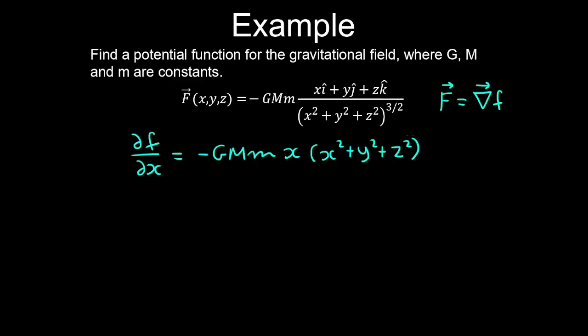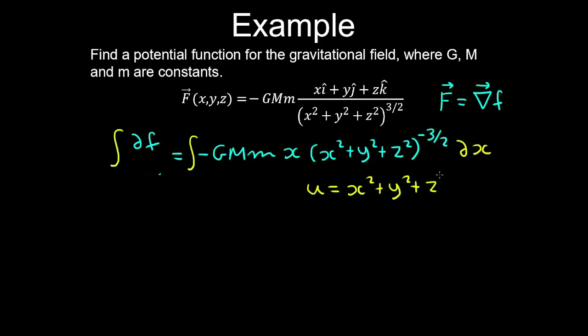So we can write this as the expression to the minus 3 on 2. Now separating the variables and integrating both sides, we can integrate the expression on the right using u substitution. So u is x squared plus y squared plus z squared, so du is 2x dx.